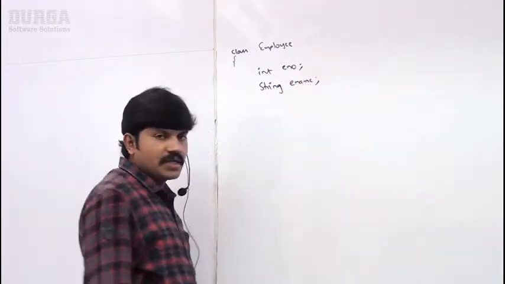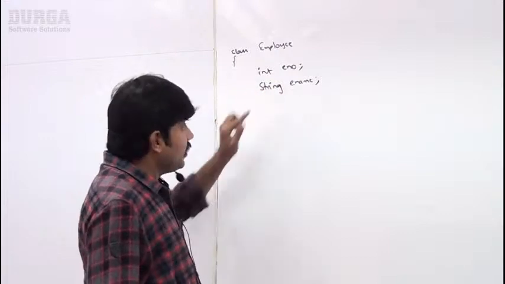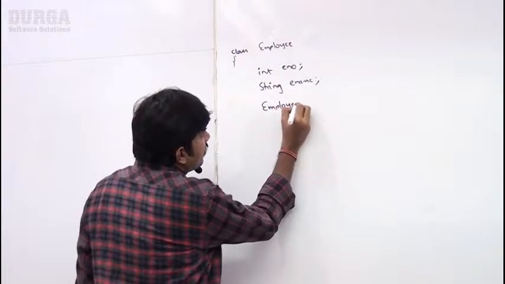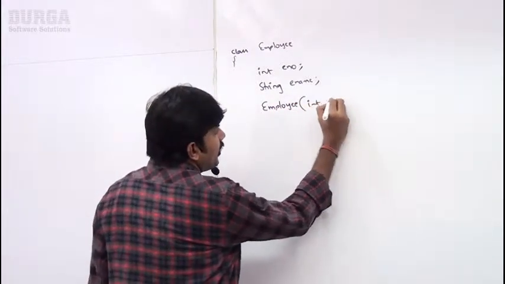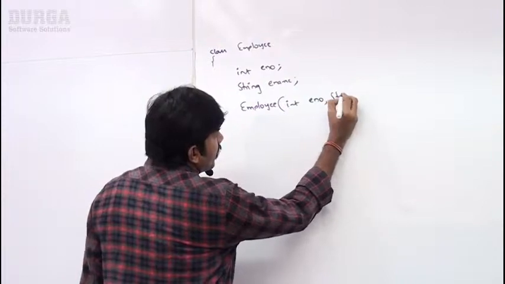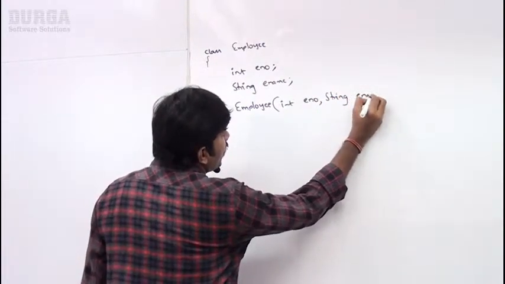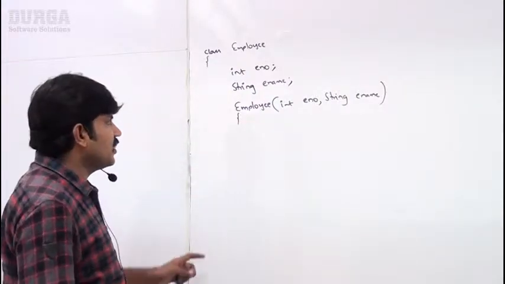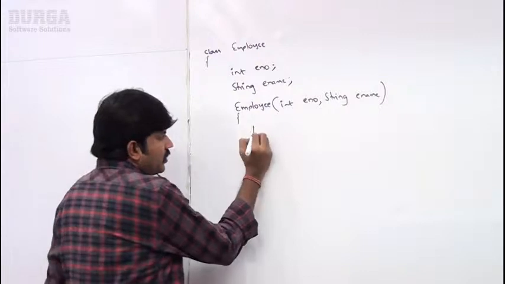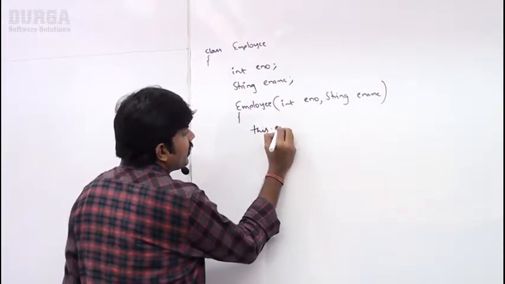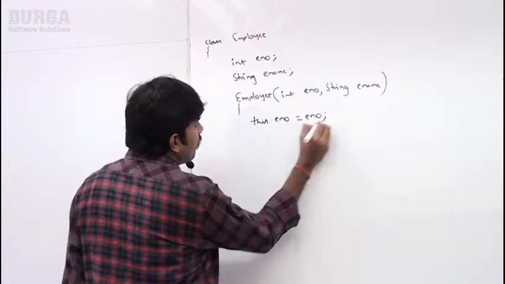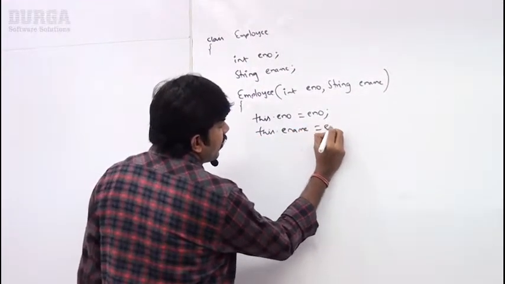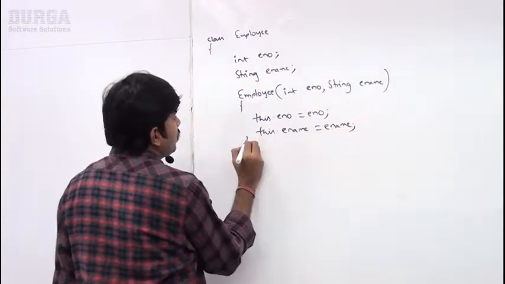Now I am taking a constructor Employee(int enum, String ename). Inside, this.enum = enum and this.ename = ename.